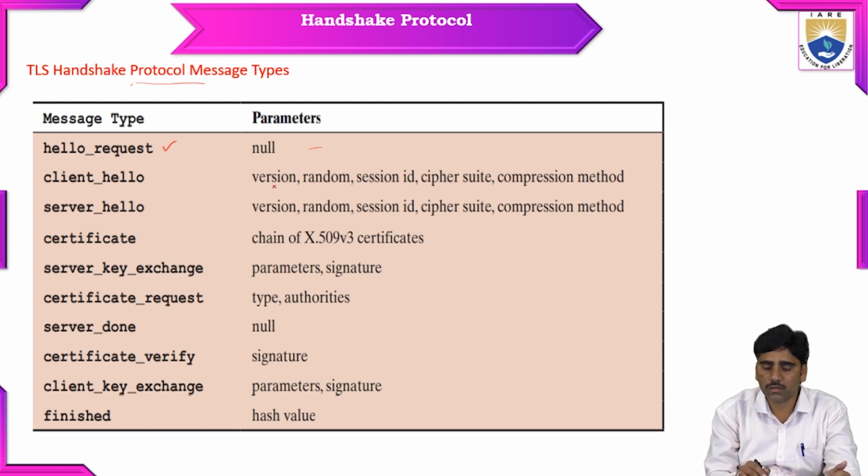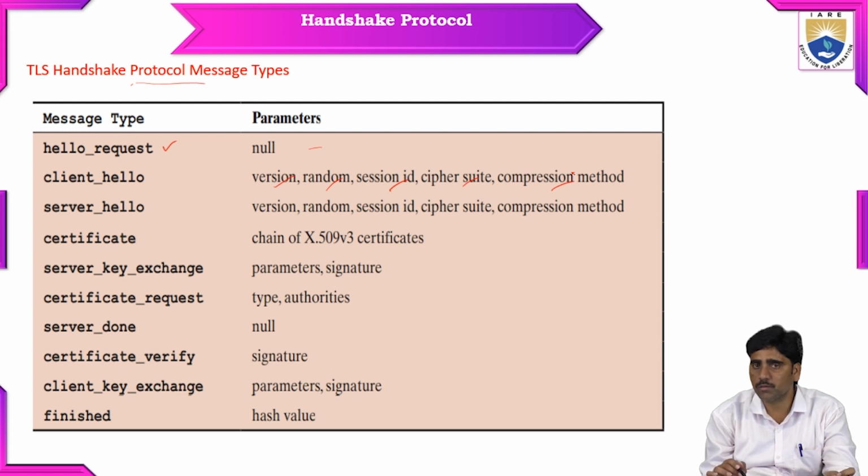The parameters are version, random, session ID, cipher suite, and compression method. These are all the parameters for Client Hello. Similarly, the Server Hello message type has version, random, session ID, cipher suite, and compression method.